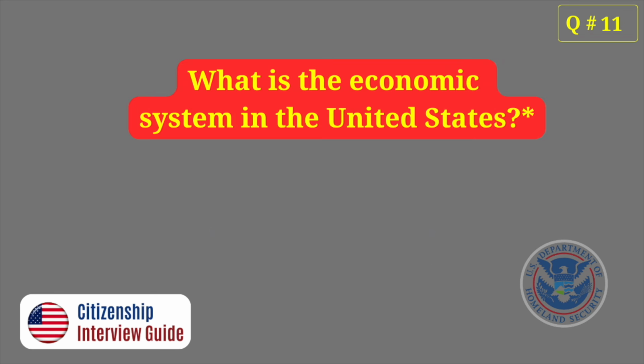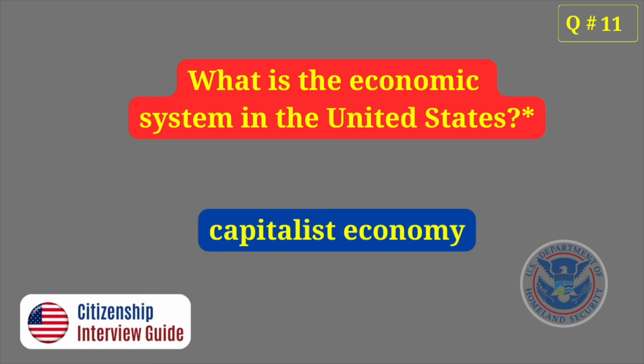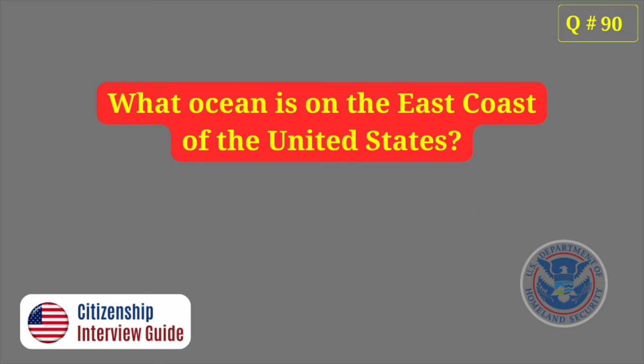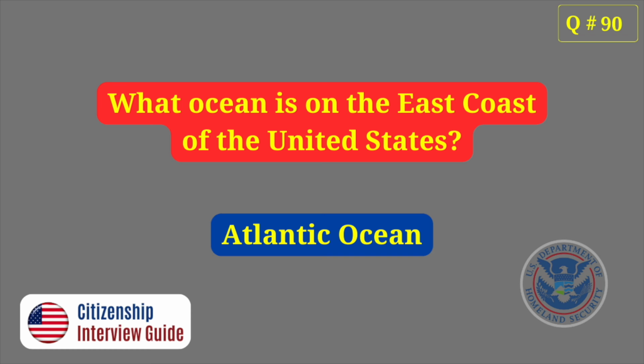What is the economic system in the United States? Capitalist economy. What ocean is on the east coast of the United States? Atlantic Ocean.